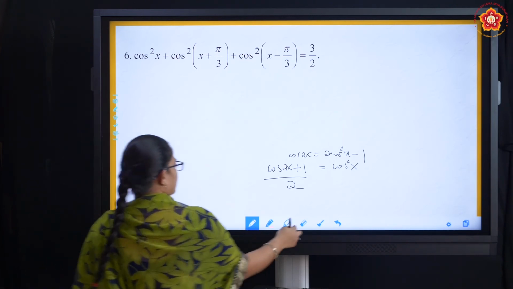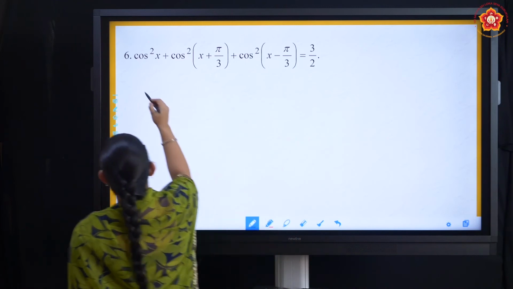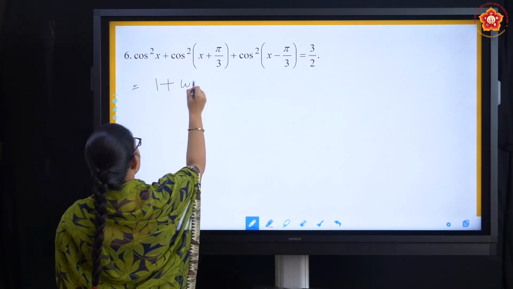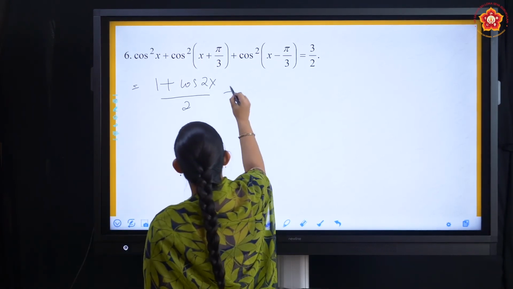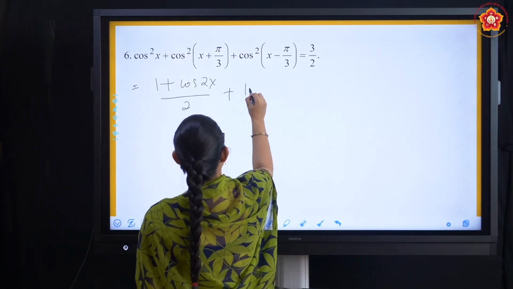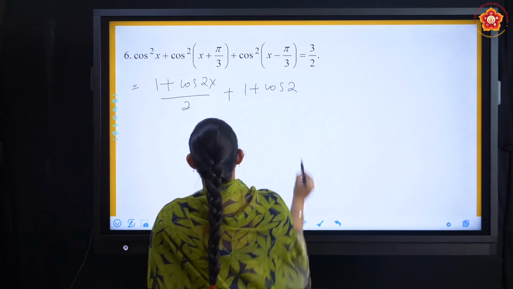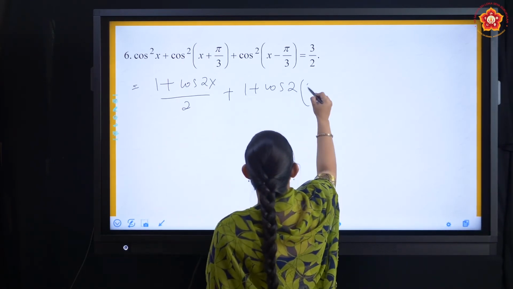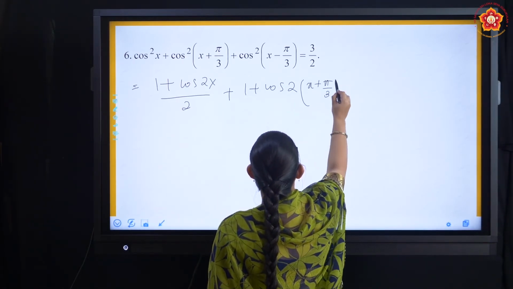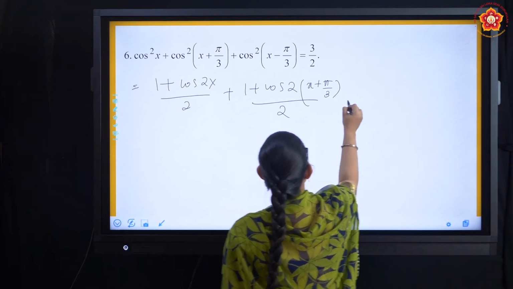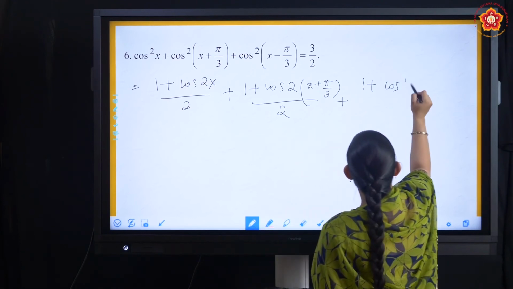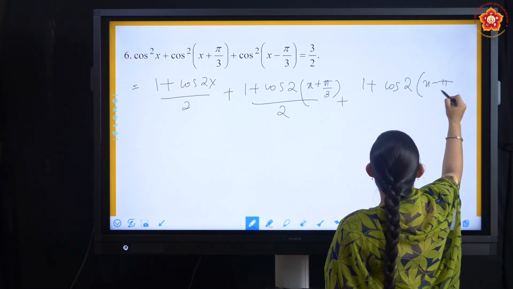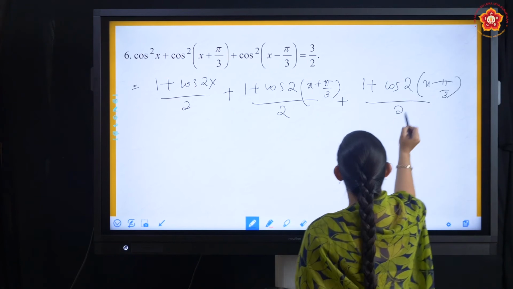So we can substitute here this as 1 plus cos 2x by 2 plus here also we can substitute 1 plus cos 2x, where x is here x plus pi by 3 by 2, and here once again 1 plus cos 2 into x minus pi by 3 by 2.